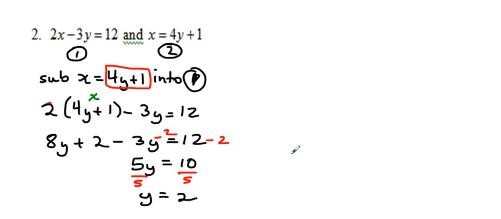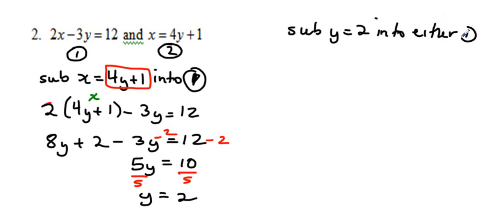I hope so. And then the next step is to sub y equals 2 into, remember, either 1 or 2. Which one are we going to pick? We want to solve for x. So if it's in x equals form already, that would be the best choice.